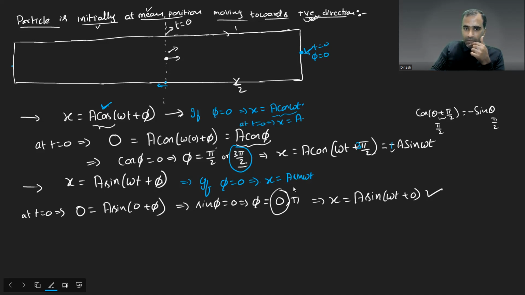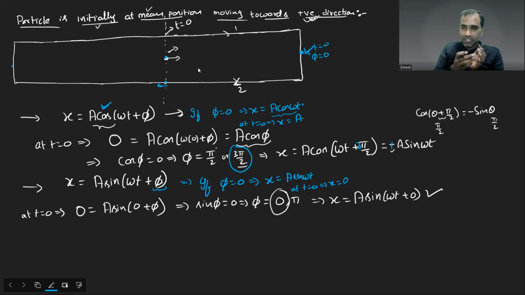Now at time 0, what is the displacement? A sine 0 is 0, right? When you're taking the sine function, when the phase is 0, at time 0, it has 0 displacement. So the convenience of the sine function is that at 0 phase, at time 0, it indicates 0 displacement. So when you're taking the sine function, it's much easier to understand. Trying to measure from the equilibrium position is easier.